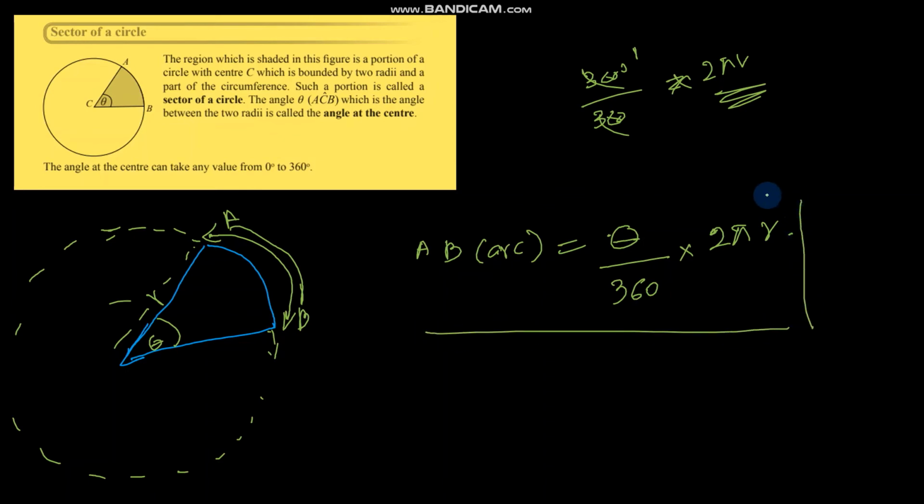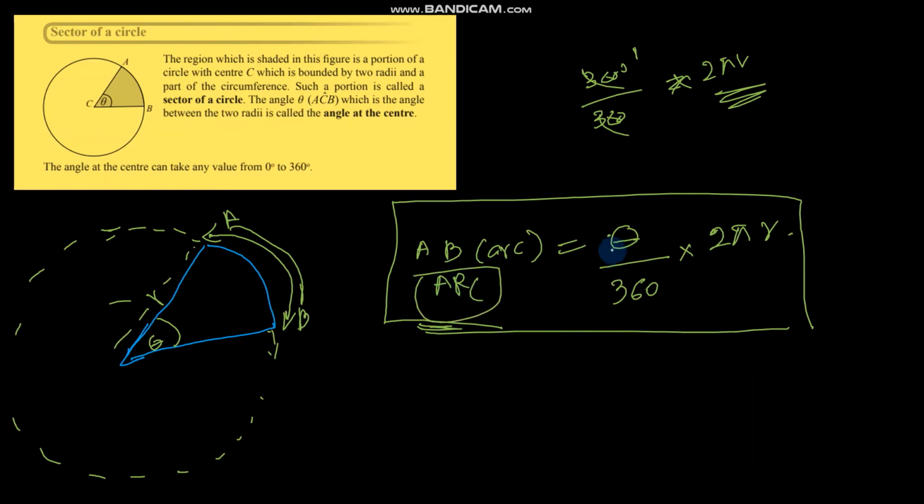This is something that is valuable for your exam. Again, if we consider the arc portion, how do we get it? Theta divided by 360 times the perimeter of the entire circle, right? Let's quickly jump into a couple of examples now. So this is actually the summary that we spoke about.